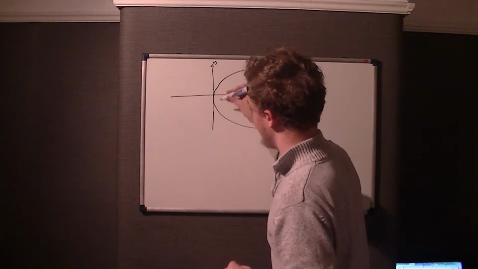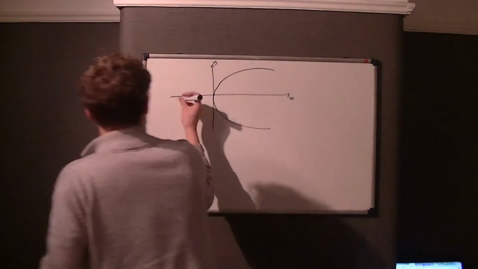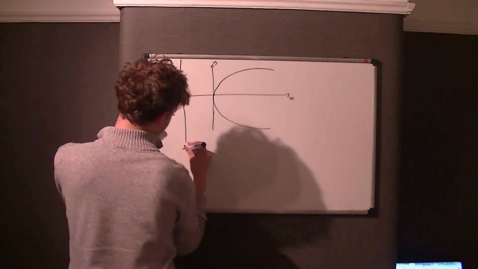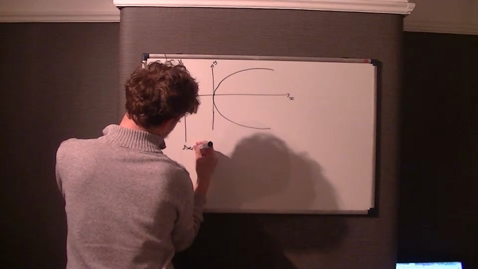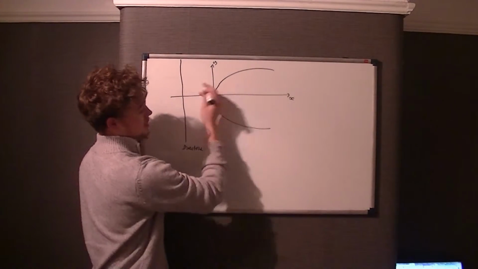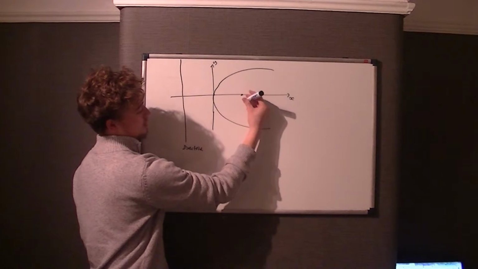Okay, so therefore the directrix is just a straight line, it should be straight. And the focus is just the same magnitude but on the other side. So we'll call this the focus.